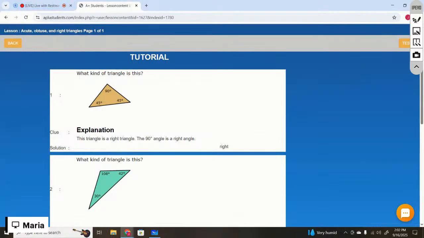What kind of triangle is this? 90 degrees, 45 degrees. Right triangle it is, right? One of the angles is 90 degrees, so that is a right triangle.